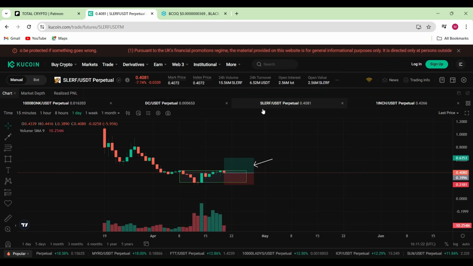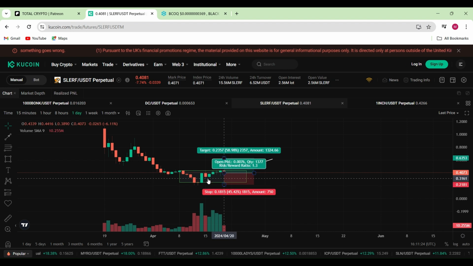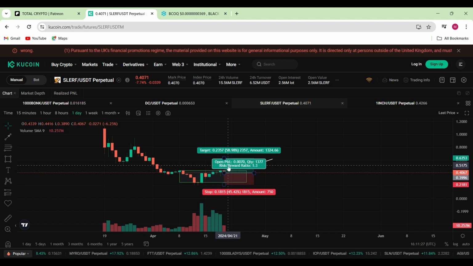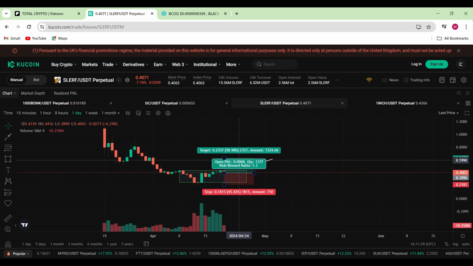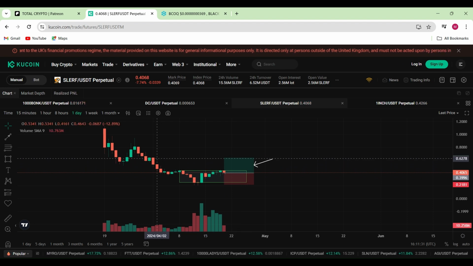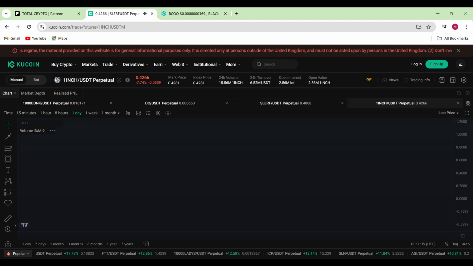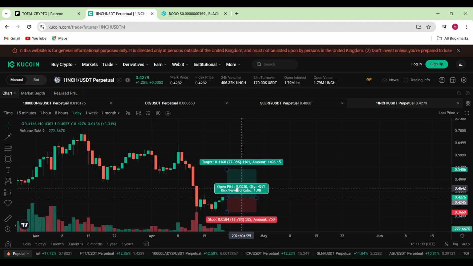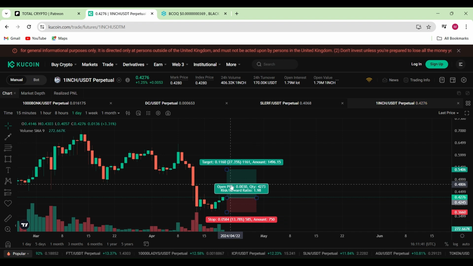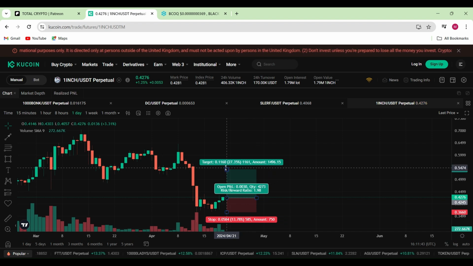Alright, so SLERF is not looking too bad. It will just take a little bit longer for it to turn around and go back into my take profit area. Whereas 1inch, how is that doing right now? Okay, so 1inch is still heading in our direction, which is ideal.